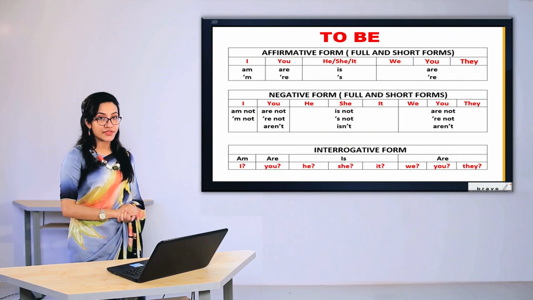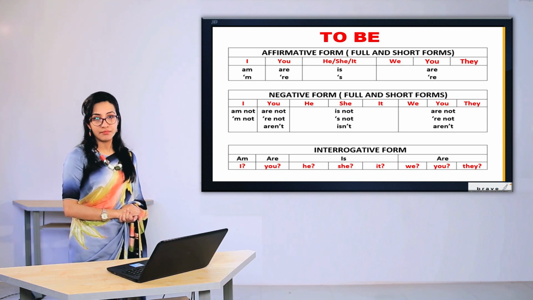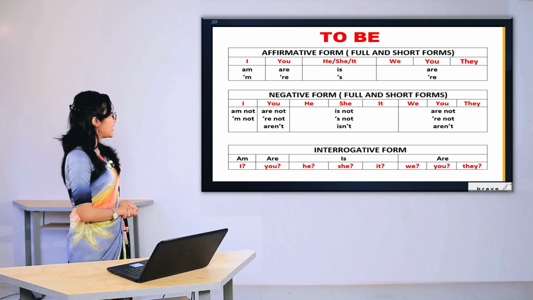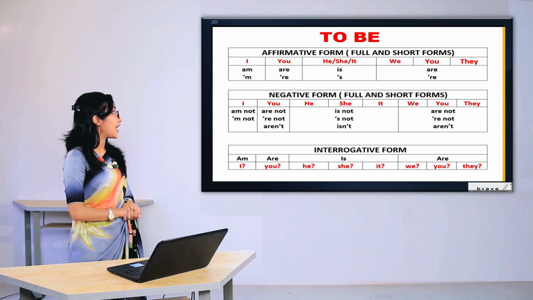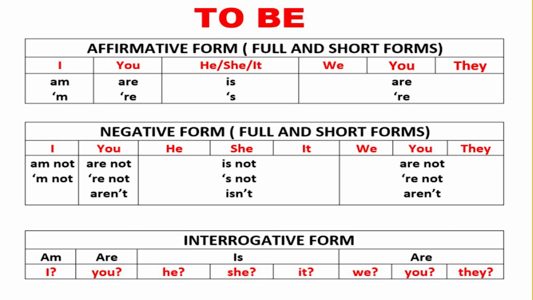In case of negative sentences, we are just going to use not after the be verb. For example, in case of first person, we can say I am not, we are not. In case of second person, we can say you are not, and in case of third person singular number, we can say he is not, she is not, or it is not.